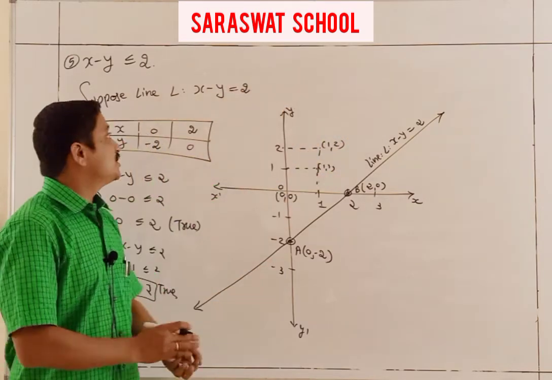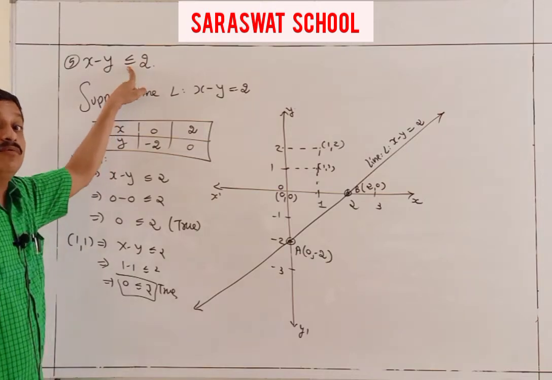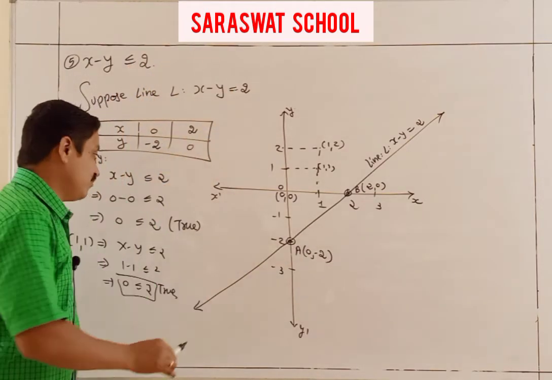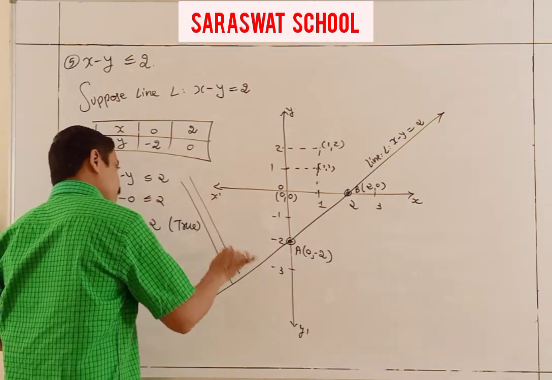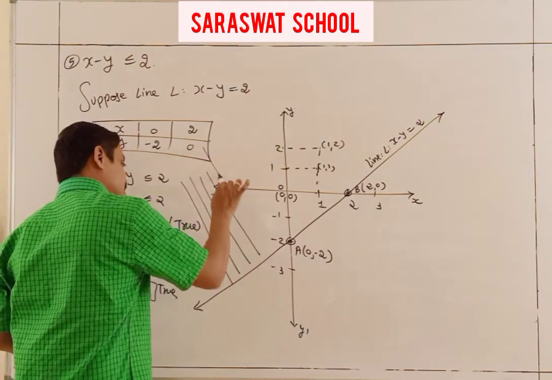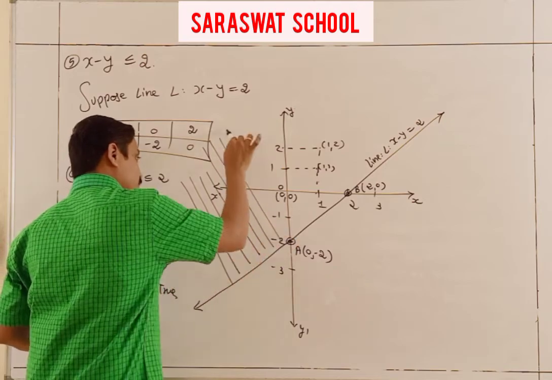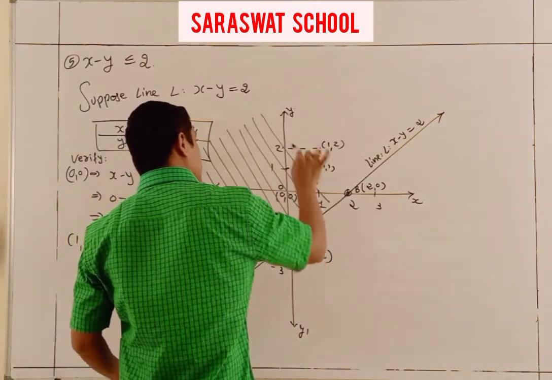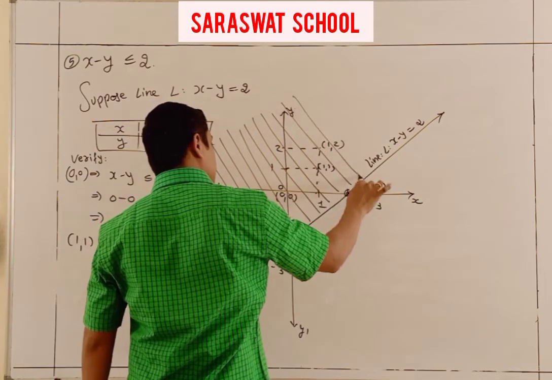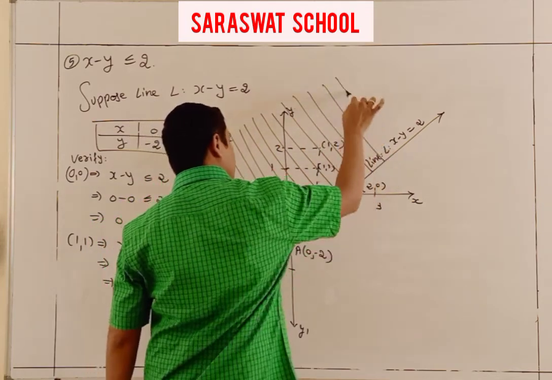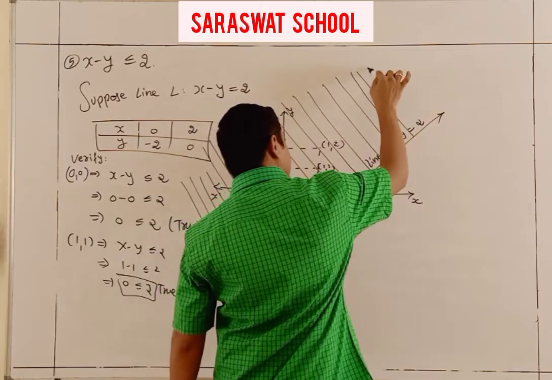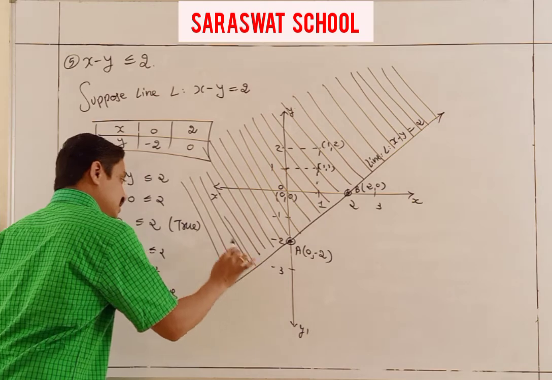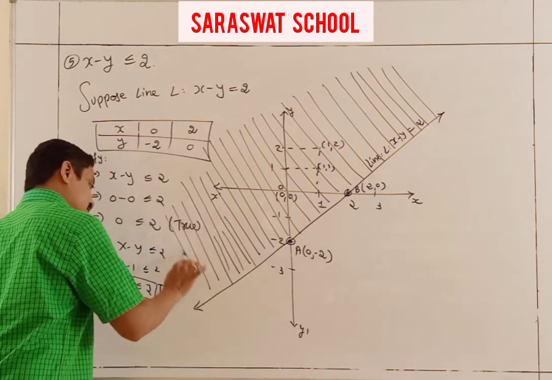And since "or equal to" is given, there is no need for a dotted line. Only shading in this way. And here you create the answer. In less than or equal to, it exactly touches the line, only these lines are touching our line.